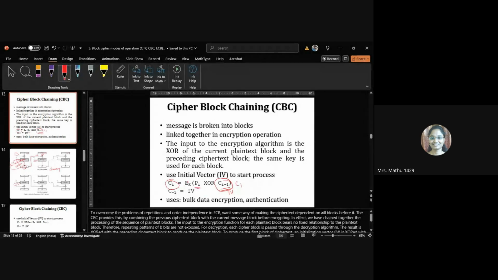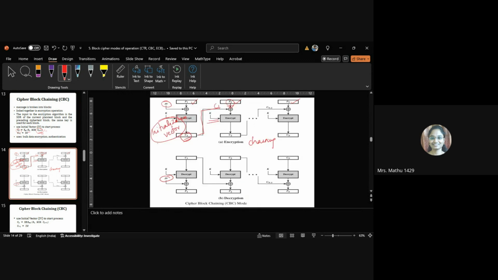So first we have to XOR that, and then using the key we need to encrypt it. So this cipher block chaining can be used for bulk data encryption as well as for authentication purpose.